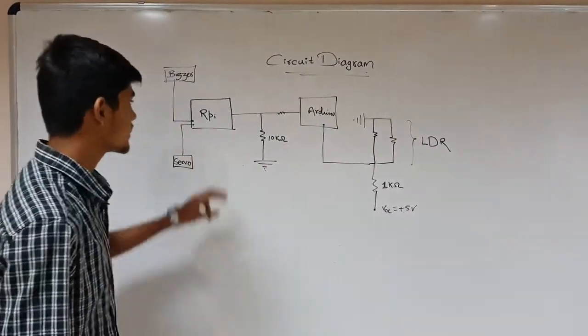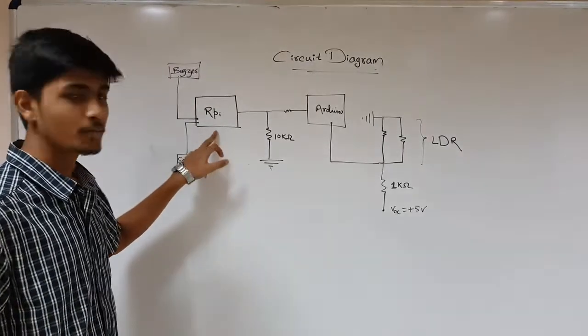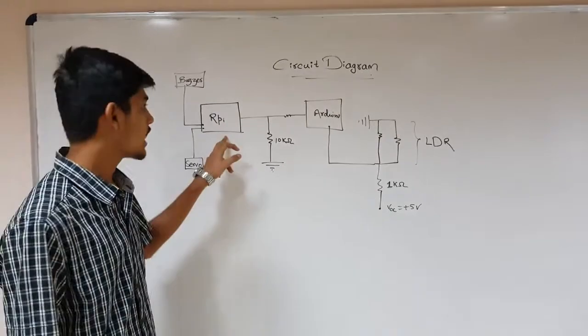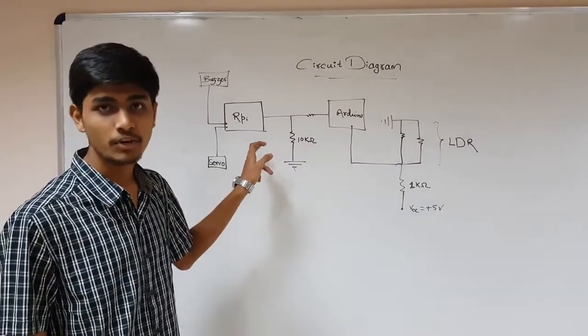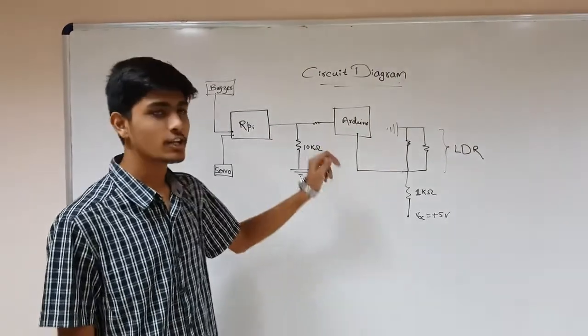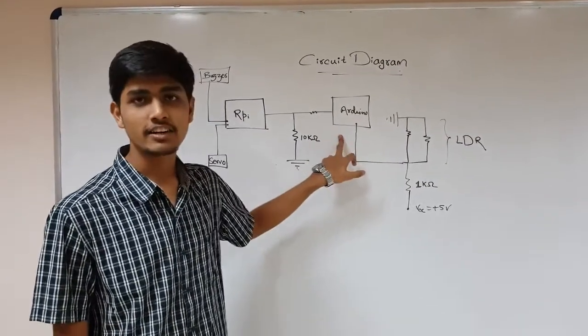So here is the central part of our main project, the RPi. Now the critical issue was that the RPi works on plus 3.3 volt. But as we said, the Arduino works on plus 5 volt, and we required it for the serial interfacing.